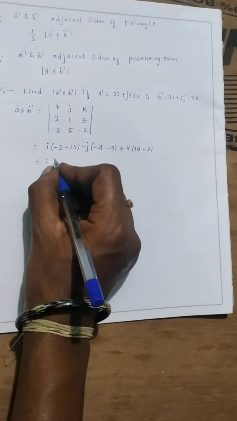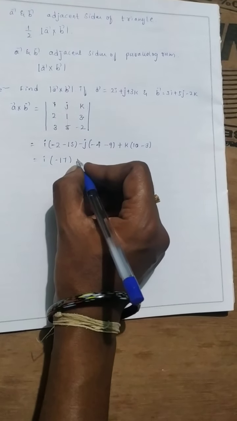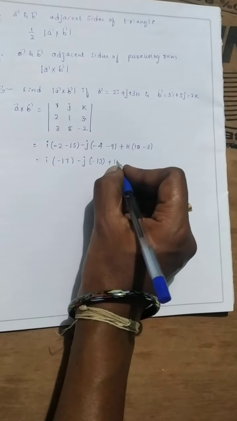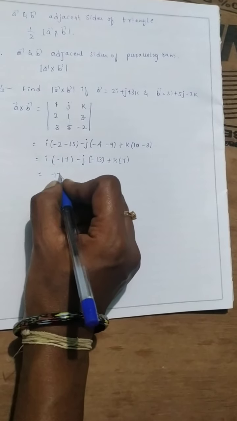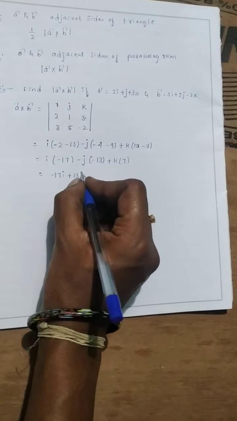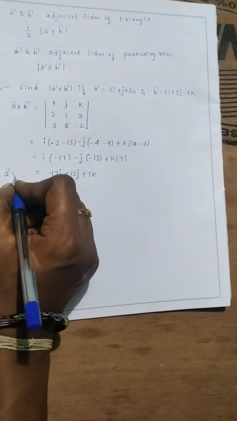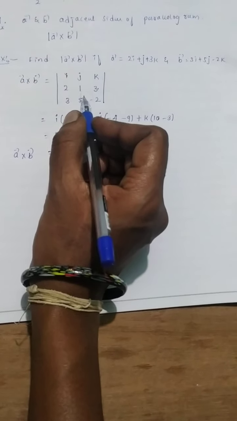So here the i component is minus 17. Next is minus j into minus 13, plus k into 7. We can write this as minus 17i plus 13j plus 7k. So this is vector A cross B. To find A cross B, you have to do it like this for all the problems.